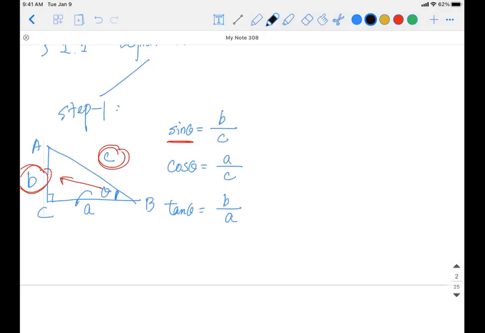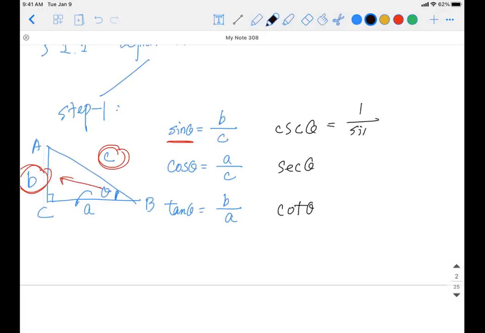Most of the time, the AMC or Canadian exams are going to focus on these three major ones. And there are also three not so important ones, but you're going to see them from time to time. One is the cosecant theta. One is the secant theta. One is the cotangent theta.